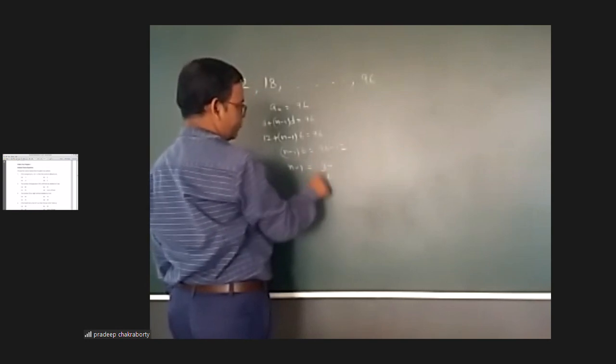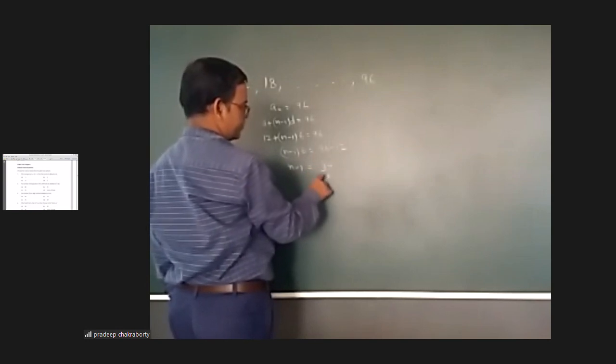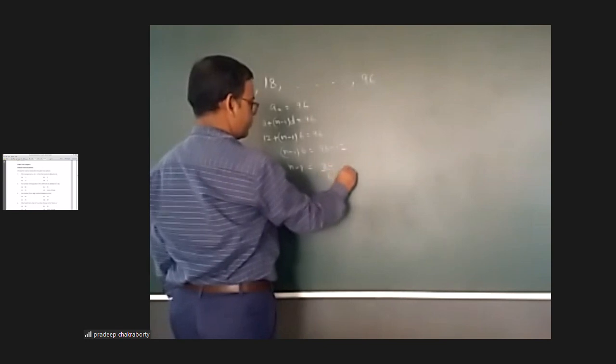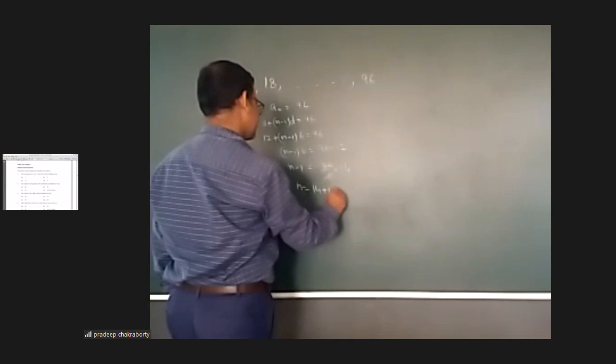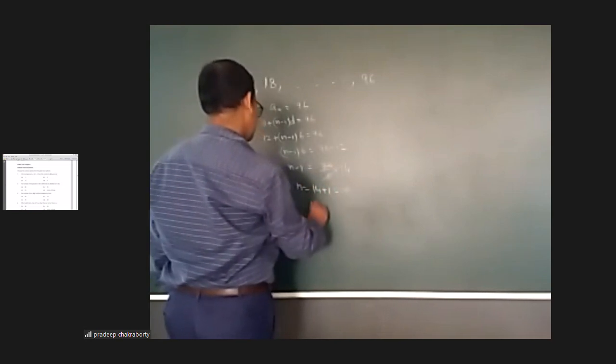So it will be 84 by 6, so it will be 14. So n is 14 plus 1. That is, answer is option C. Okay, so the answer is option C.